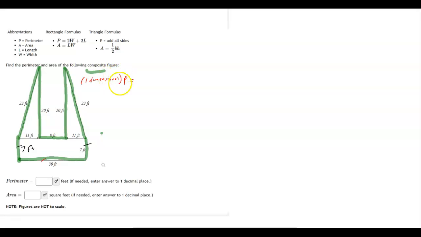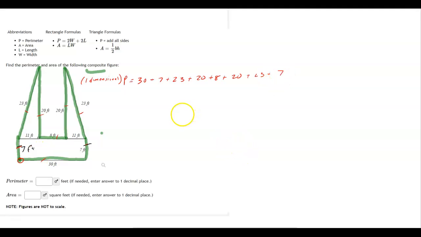It's just lengths. So it's 30 plus 7 plus 23 plus 20, then 8, then up 20 again, and 23, 23, and then 7, and that puts us back to where we started.